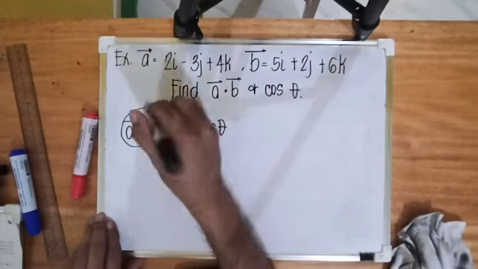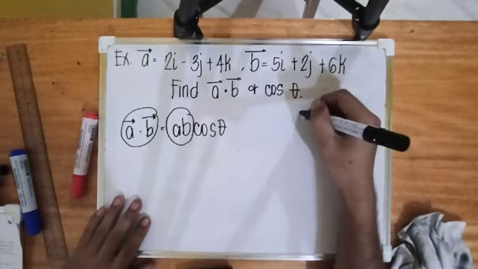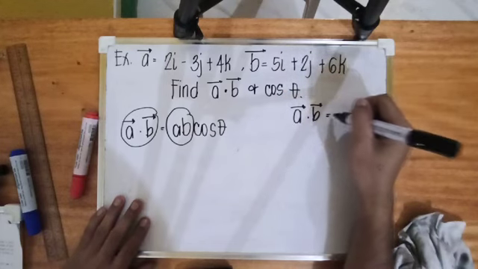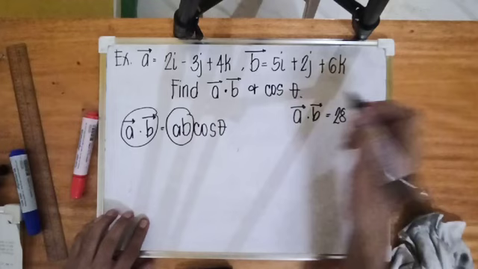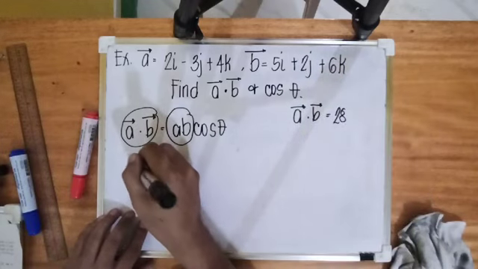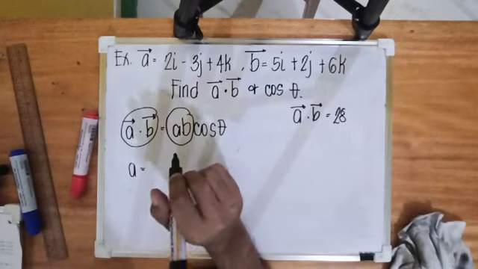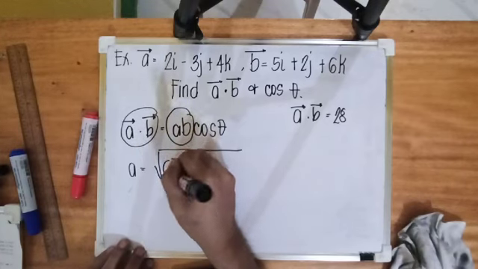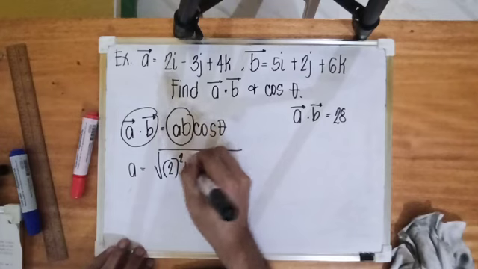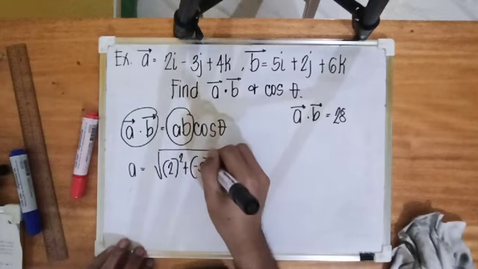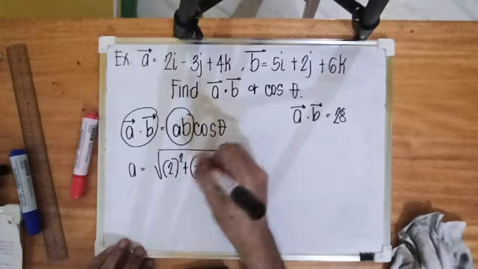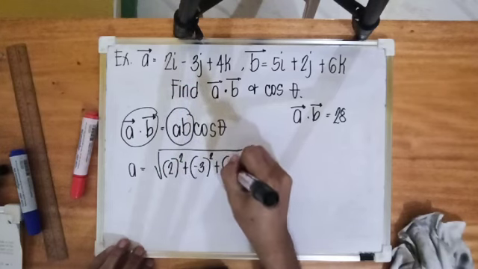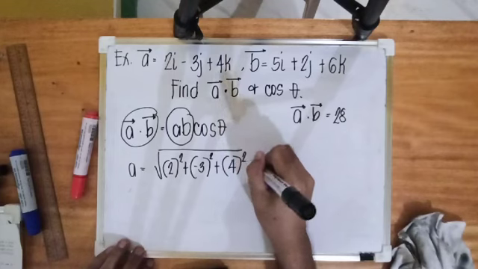Kasi itong part na to is meron na tayo, which is 28. So the magnitude of our vector A, so the square root of 2 squared plus negative 3 squared plus 4 squared.